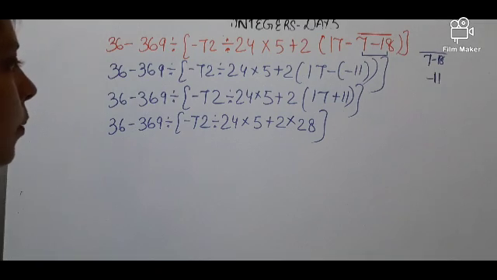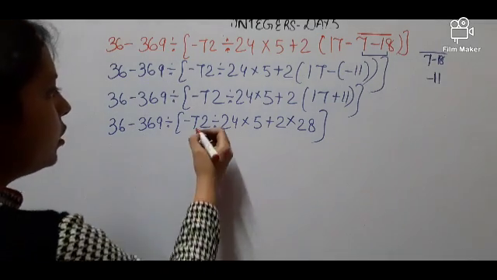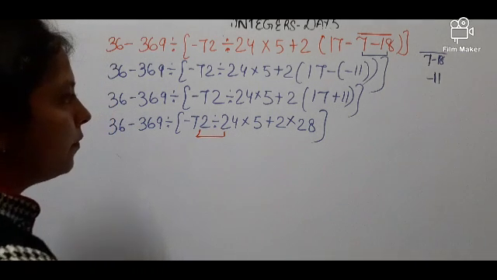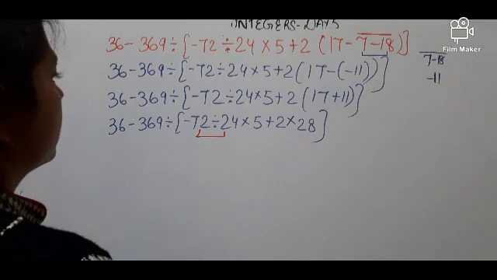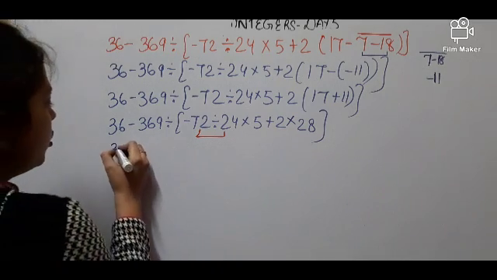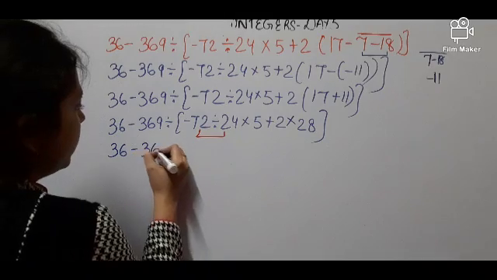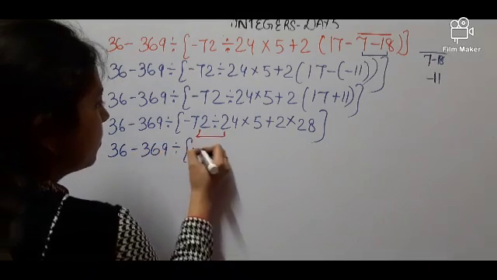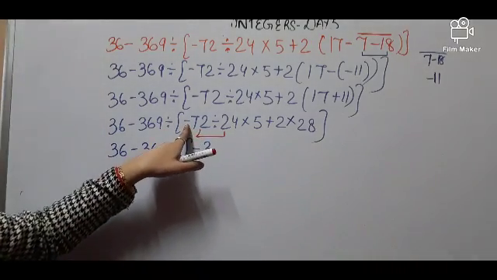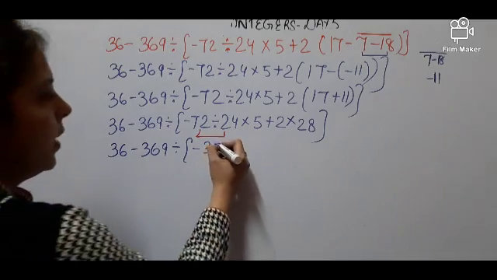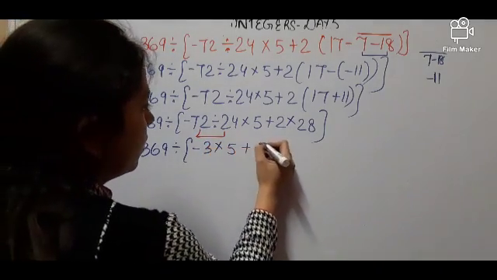Now in the bracket we have a division sign, so we will solve the division first. So 72 divided by 24 gives us minus 3, because 24 times 3 is 72, and 72 is preceded by a negative sign, so we'll get negative 3, right?